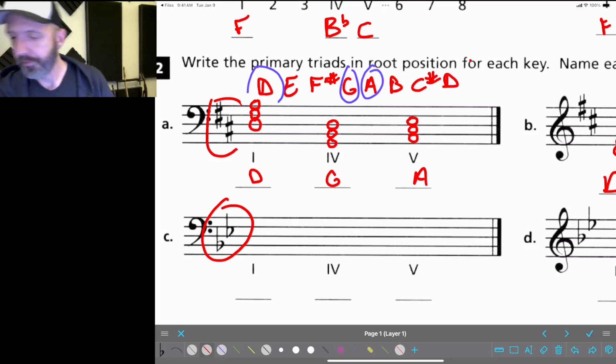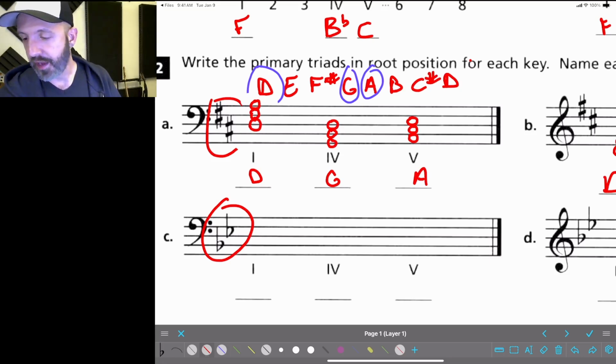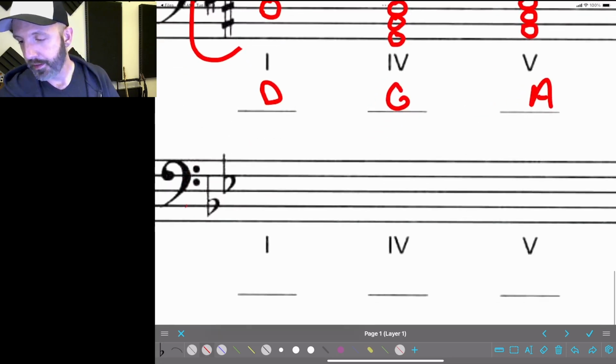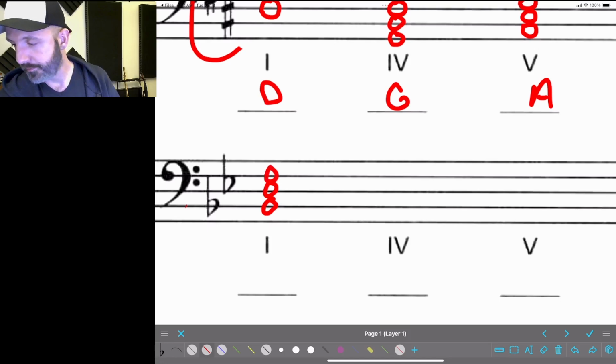Okily dokily. So that's going to be B flat. So if you remember on the flats, it's the second to last flat that tells you the key. You have to memorize that one flat is F, but after that, flats should be pretty easy. Hopefully at this point in class.